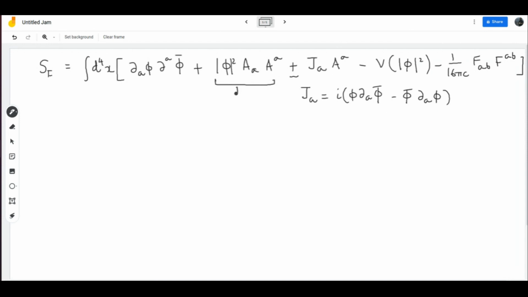And this is the origin of the Higgs mechanism. That term is really the origin, because we have a completely U(1) local gauge invariant action right here. We have not violated any gauge invariance, and yet we have an AA term multiplied, of course, by mod phi squared. Why do I keep harping on this? Because remember that when we just put a mass squared term in the Maxwell action, we called it the Proca action.